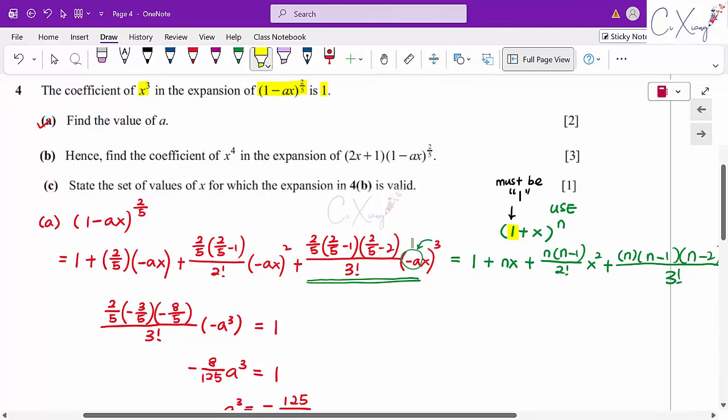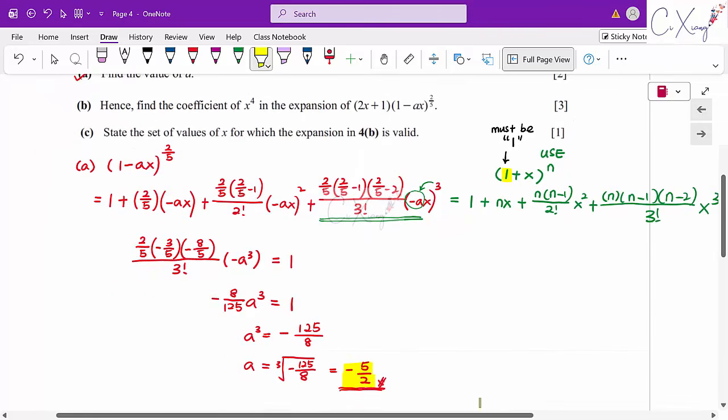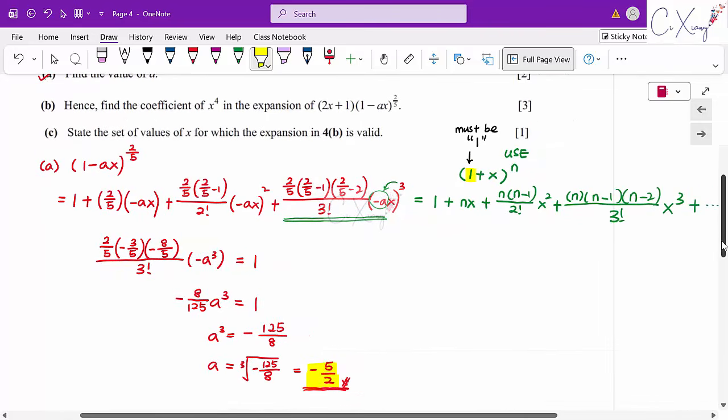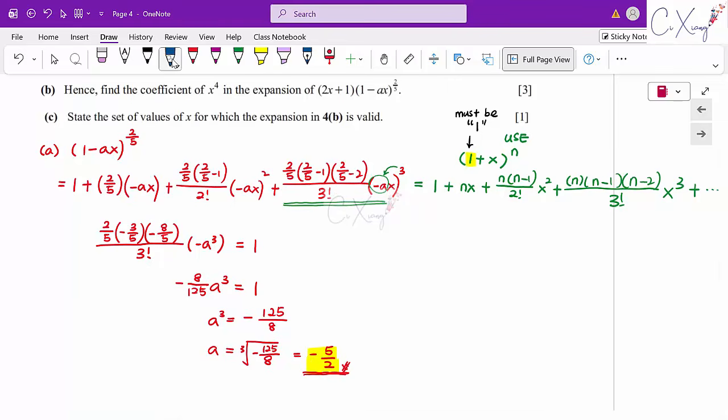Okay, all right. So let's set up the question first for part B. Okay, so for part B, I'm having this bracket 2x plus 1 multiply with 1 minus ax power 2 over 5. Okay, then we want to focus on only the coefficient of x power 4.